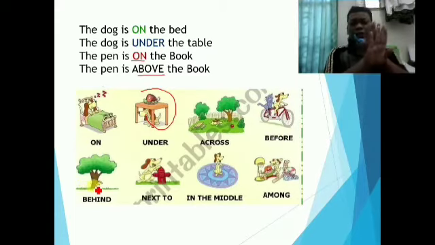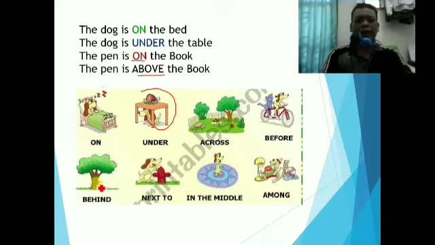Behind, we hide behind something. We position ourselves behind something that covers us, so anyone cannot see us. Jadi berada di belakang. The dog is behind a tree. Next to, sebelahan. The dog is next to the hydrant.